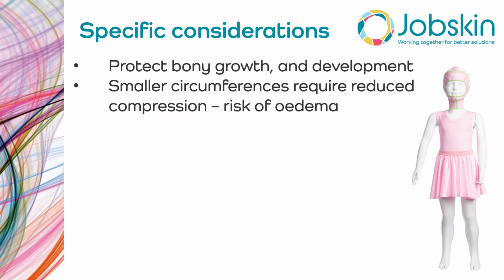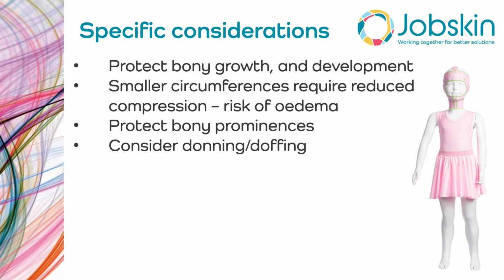And we do adjust the reduction factors when the garments are being made in order to protect smaller circumferences. We obviously want to protect bony prominences, just as we would with adults, but probably there is a higher percentage where the bones are more prominent.